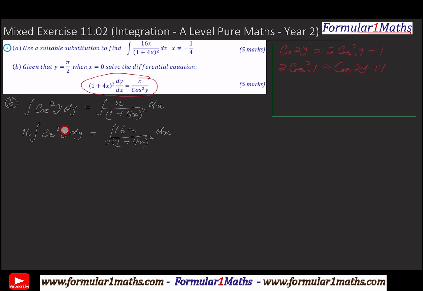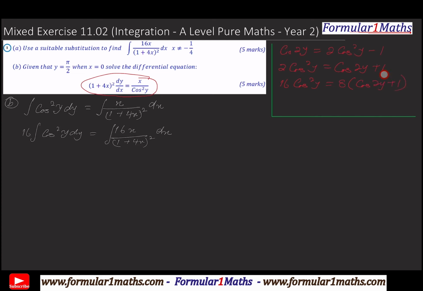Looking at the left-hand side of this equation, I've got 16 cos squared y dy. And so if I multiply both sides of this equation by 8, then I can get 16 cos squared y on the left-hand side. And then I can do my substitution here easily. So I'm going to multiply both sides of this equation by 8. So I'm going to get 16 cos squared y equals 8 brackets cos 2y plus 1.